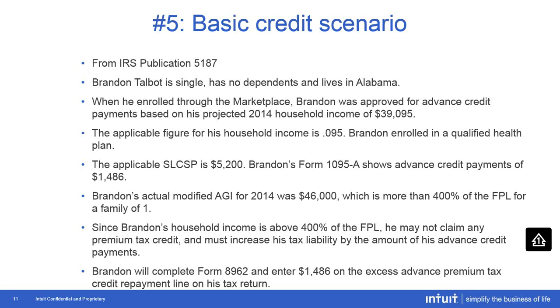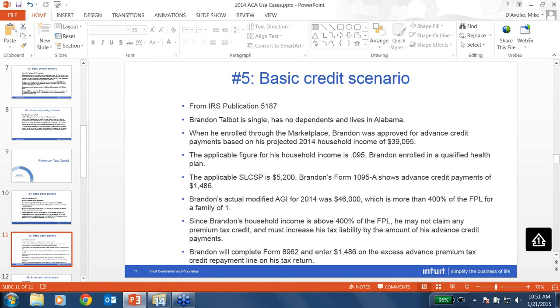Brandon's actual modified AGI for 2014 was $46,000, which is more than 400% of FPL for a family of 4. So this example points out the fact that you would have gone to the exchange and would have gotten an advanced credit payment, but then the reconciliation needs to be done at the end of the year with the true modified AGI figure.